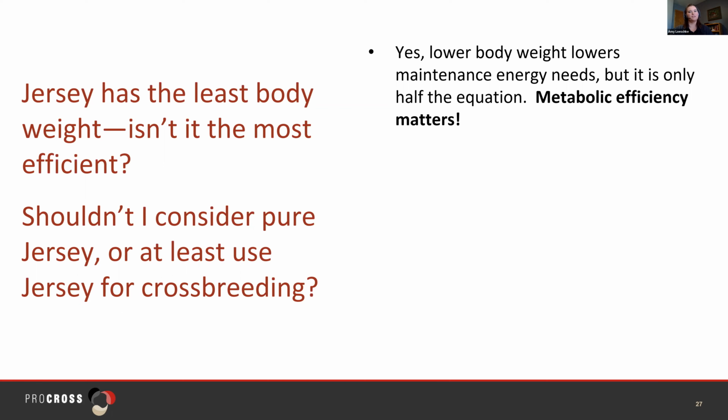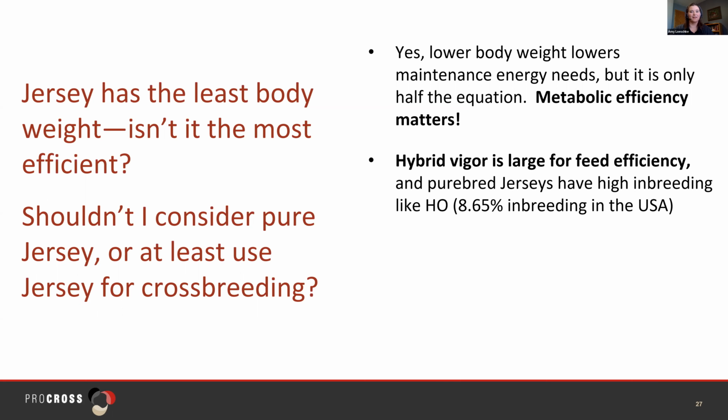So we do see exciting things on the horizon for these other breeds in that metabolic efficiency department, because that really matters. As far as the argument against Jersey as a pure breed for the feed efficiency part, hybrid vigor is important for feed efficiency, and we see this.